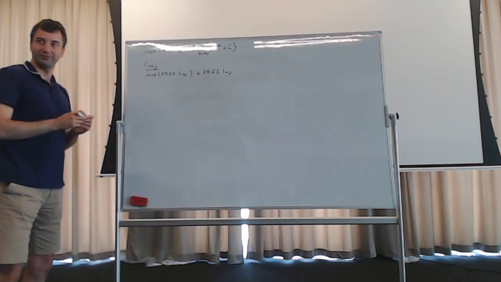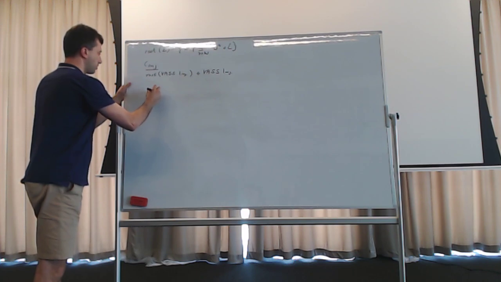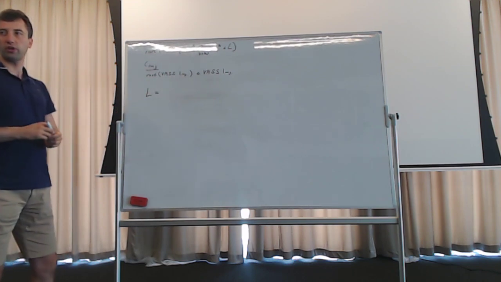And that's not true. So the example of a vast language such that the root is not a vast language is the following one.